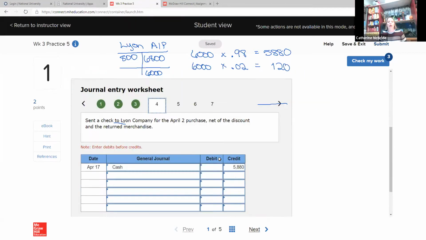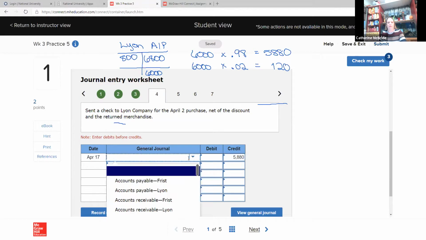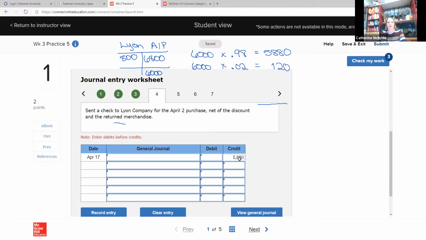All right, so I know that I'm going to decrease cash $5,880. That's what I'm going to mail my check for. Now, right now I owe Lion $6,000. When we send them this $5,880 check and they receive it, are we going to owe Lion anything more? No, we're not.